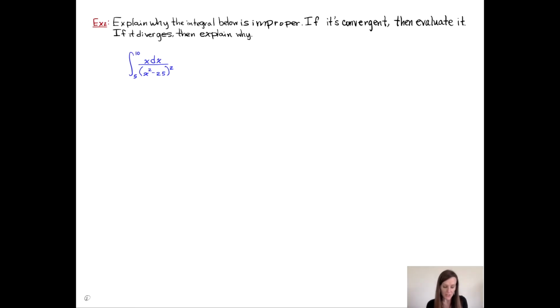So for our reasoning of why this integral is improper, we would say that it is improper because of a discontinuity at x equal to 5 in the domain. And by domain, I just mean the domain of the bounds.